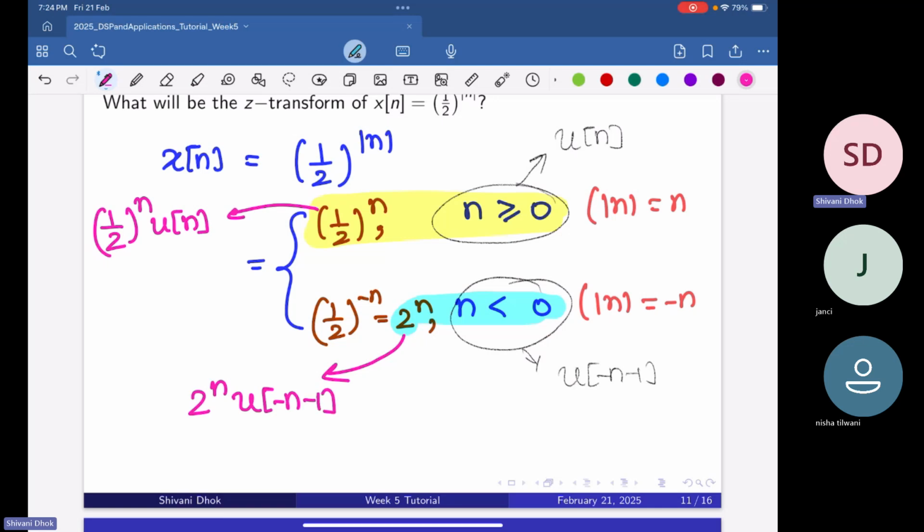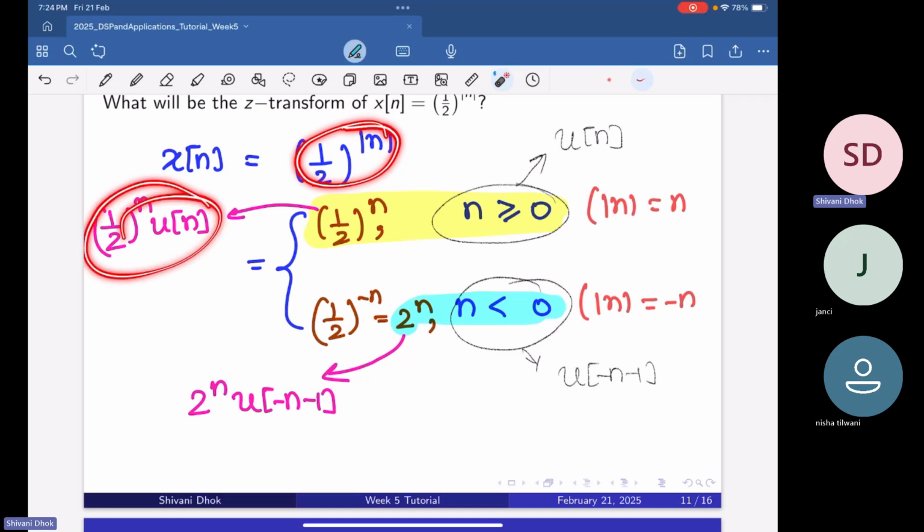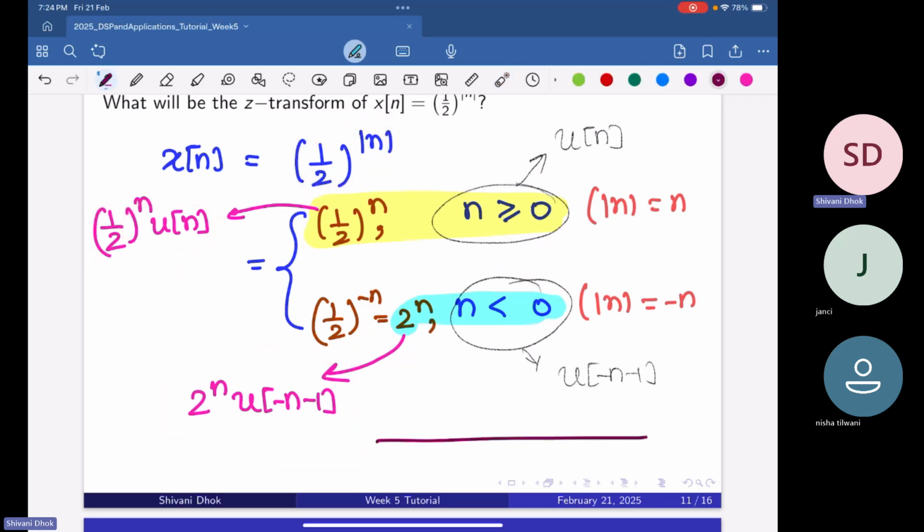So this part is valid for n greater than or equal to 0, and this part is valid for n less than 0. And x of n is basically equal to the addition of these two signals, which don't overlap in the time domain, as they are region wise. So my x of n is defined on the entire n region.